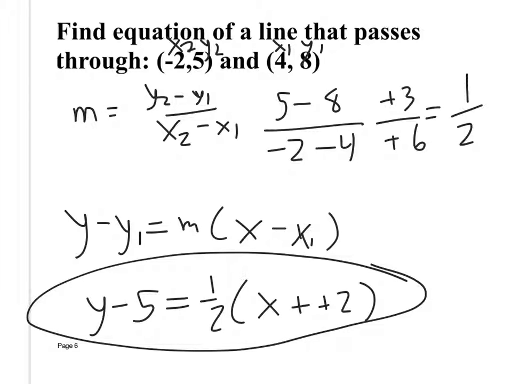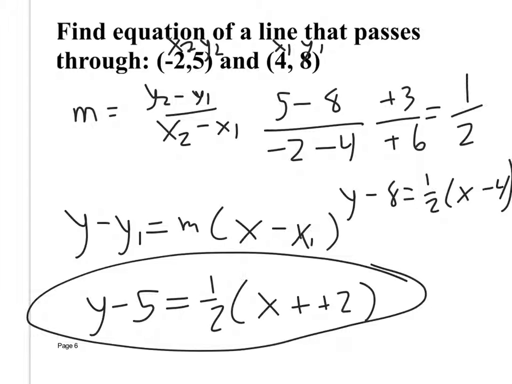Now, if Kendall went with the numbers she started with, she would have got this. Y minus 8 is equal to 1/2 x minus 4. That's an acceptable answer too.